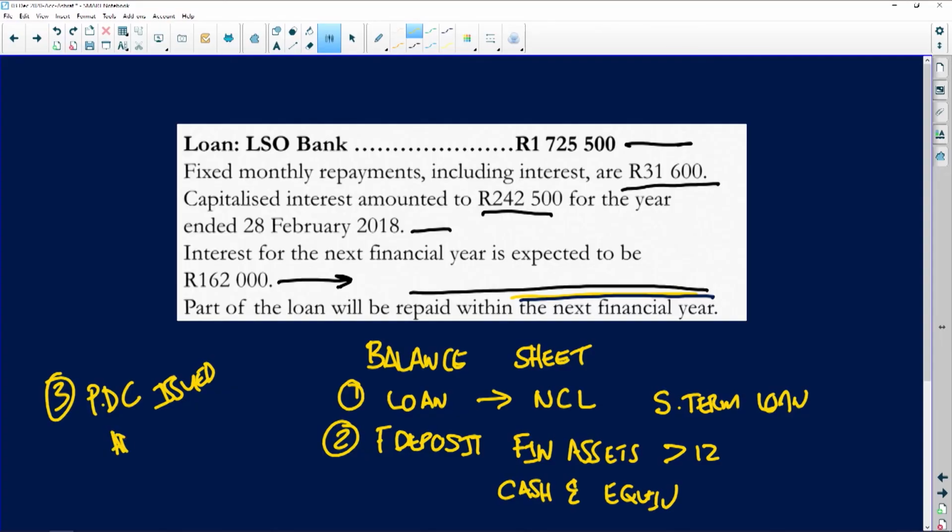Number one, add to bank and add to creditors control.